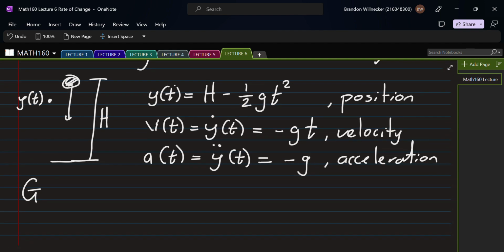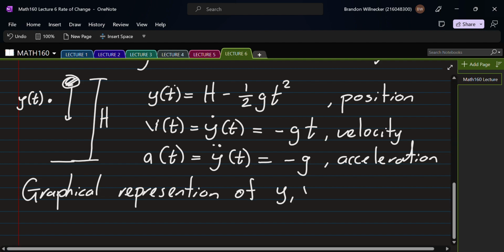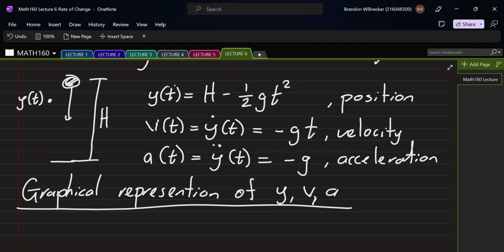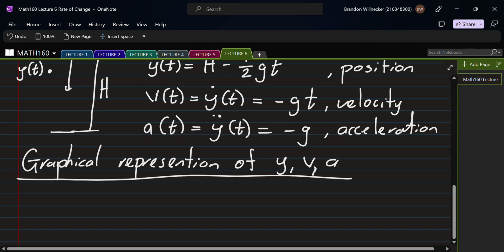Okay, so graphical representation of position, velocity, and acceleration. Okay, so all of this again, this is just a recap of the high school work. Later on we will look at the new material.